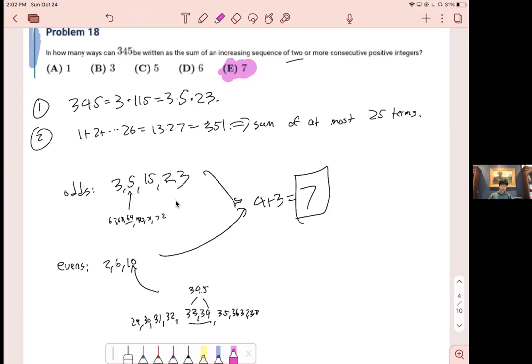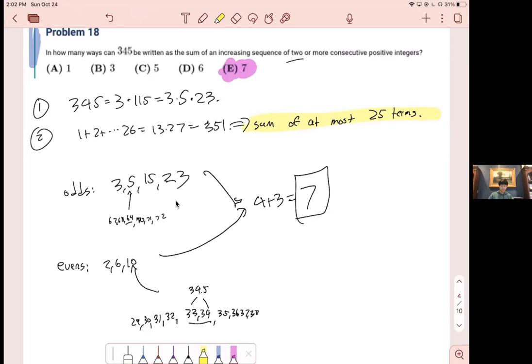So the main idea here is that there are 2 ways to get numbers as a sum of consecutive positive integers. And I never had to worry about the positive integers condition because of this. This is kind of an if and only if.